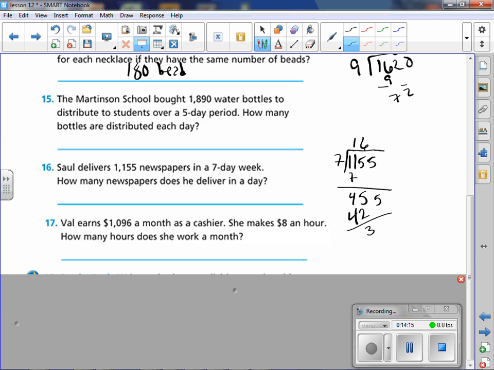Subtract out, get 3. Bring down my 5. Okay, 7 into 35. 7 times 5 is 35. Okay, so 165 papers per day.